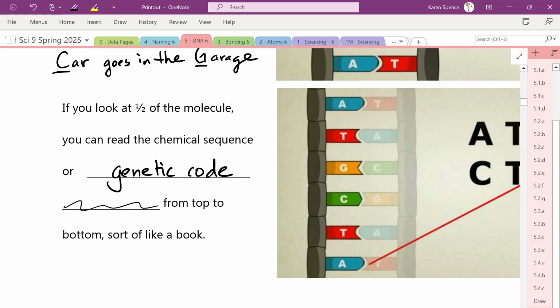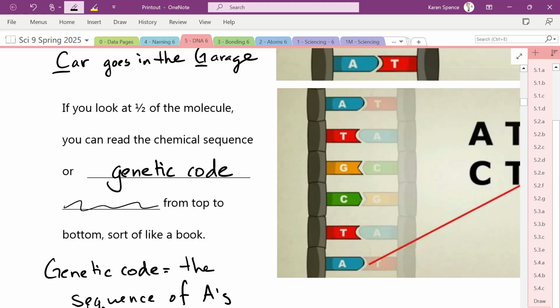So the genetic code is the sequence of A's, T's, C's, and G's.